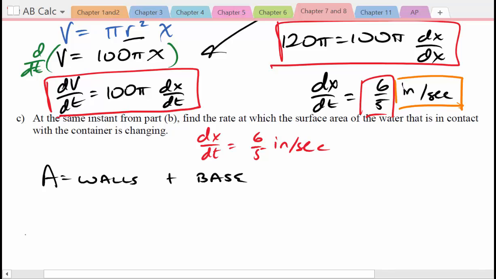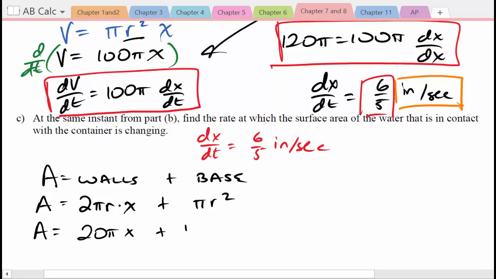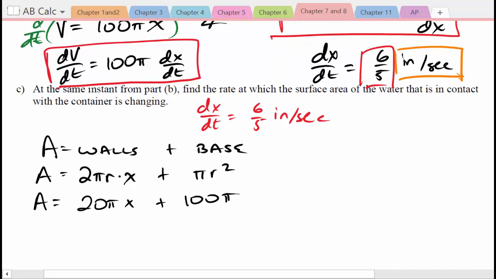The surface area of the walls is going to be the cylinder times the height. 2 pi r times the height, x. The base will be pi r squared. Again, r is a constant. R is 10. So we have 20 pi x plus 100 pi.